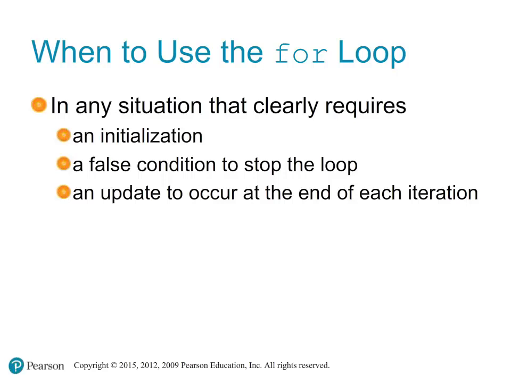If you need to update a variable or perform some action at the end of each loop iteration, the for loop accommodates this neatly. So the for loop allows you to place the initialization, test condition, and the update expression all in one line, making the code more concise and readable.